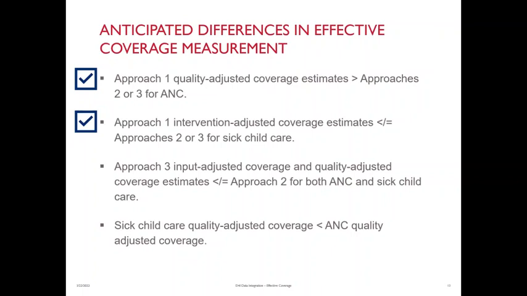Now, the main reason here is that we know from previous research, sick child coverage starts out much lower than antenatal care coverage. And when your first measure in the cascade is already very low, when it's multiplied by other measures, it's just going to end up lower. So even if the subsequent measures are high, it's just difficult to catch up to that initial low figure.